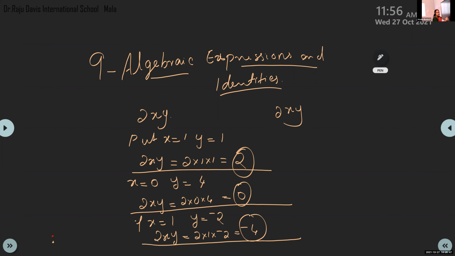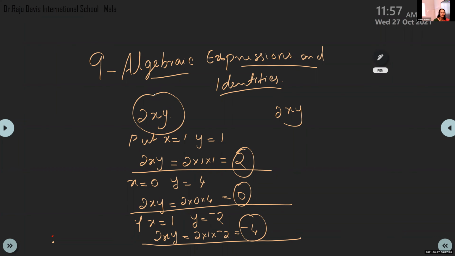2, 0, negative 4. 2xy has a value 2 when x equal to 1 and y equal to 1. And the same 2xy equal to 0 when x equal to 0, y equal to 4. Same 2xy has a value negative 4 when x equal to 1 and y equal to minus 2. Which means what? As we change the values of variables, the value of the algebraic expression changes.